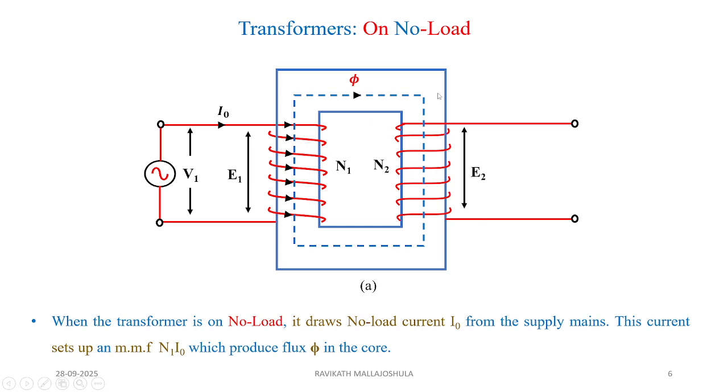Now, once the flux is flowing, the secondary receives the voltage as EMF E2, and the measured voltage can be obtained across the terminal as V0.